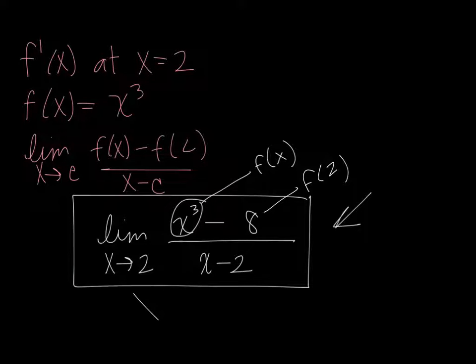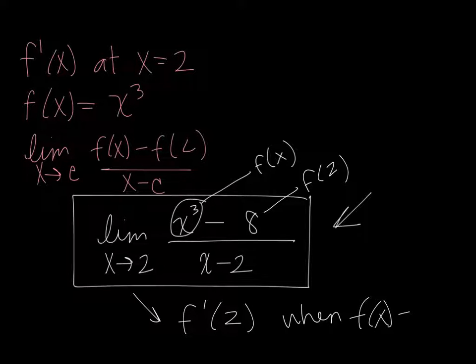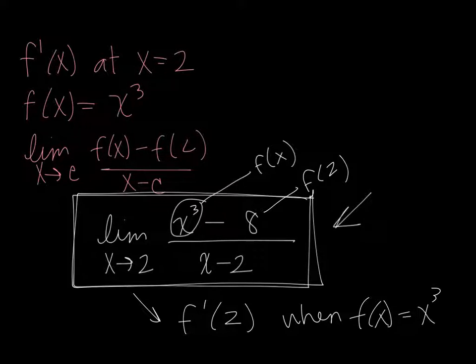So this question in disguise is asking you to do f prime of 2 when f of x is x to the third. So that's the answer to the question. Give an example of a question asking to find the first derivative of x to the third at x equals 2. This is it right here. So the limit as x approaches c, f of x minus f of c all over x minus c. And that's that.